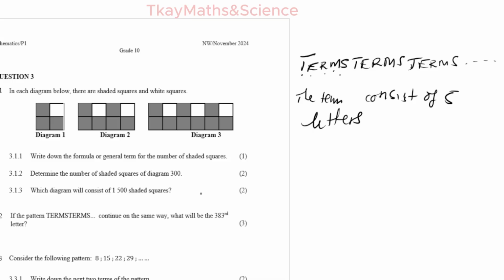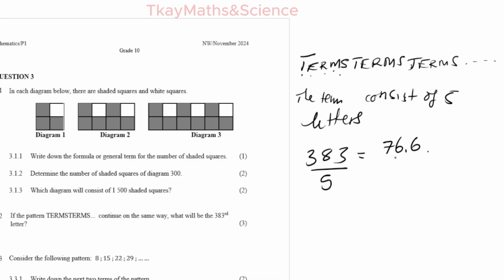Now let's see which term will fulfill these terms without leaving a remainder. So we get this number: it must be 383 over 5. If you say 383 over 5, you're going to have 76.6.